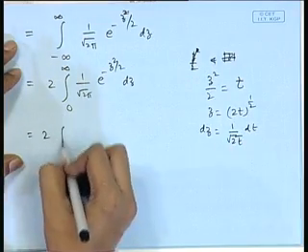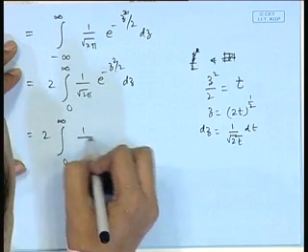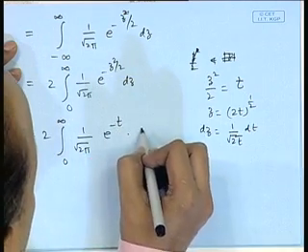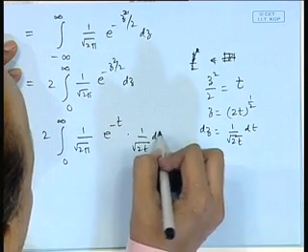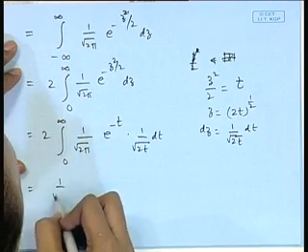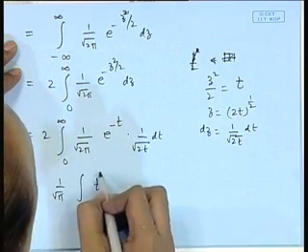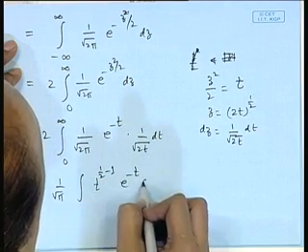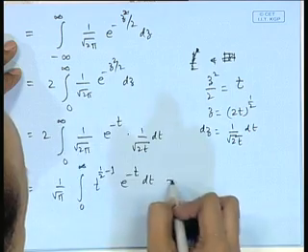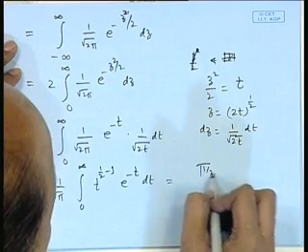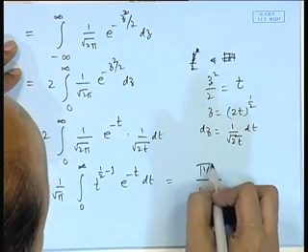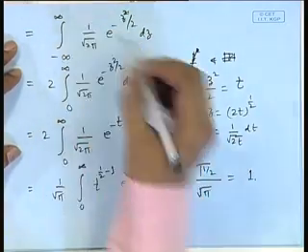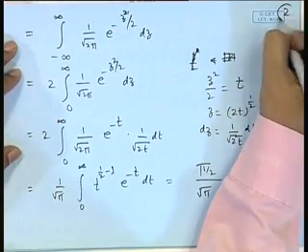So, this becomes the integral 0 to infinity 1 by root 2 pi e to the power minus t 1 by root 2t dt, that is equal to 1 by root pi times the integral of t to the power half minus 1 e to the power minus t dt, which is nothing but gamma half by root pi. Now gamma half is root pi, so this is equal to 1. So this is a proper probability density function.